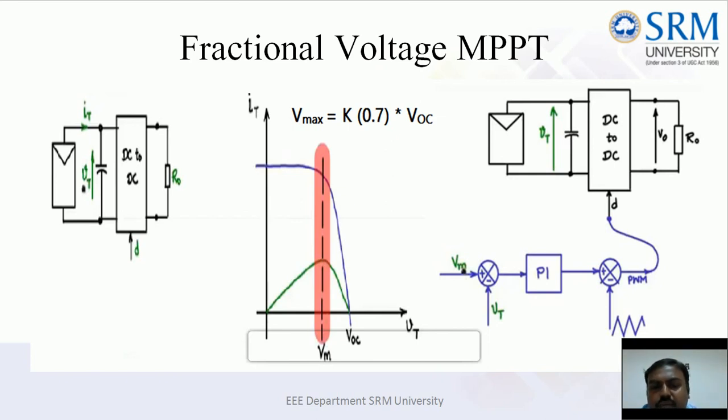On seeing the PV curve or IV curve, of course, you can see that the maximum power voltage VMP hovers between 0.7 to 0.8 of VOC. As a thumb rule, as an approximation, whatever the changes that are happening in the irradiation or not, the VMP point lies between 0.7 to 0.8 of open circuit voltage.